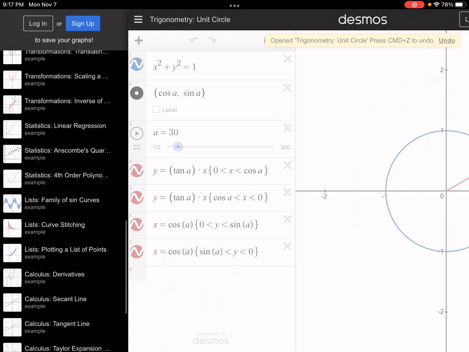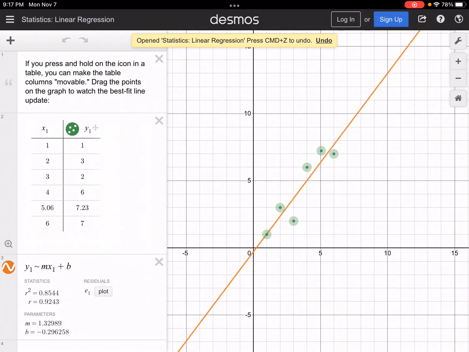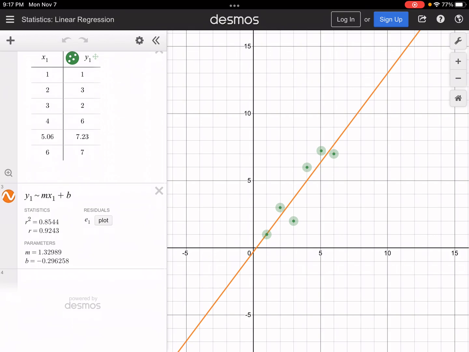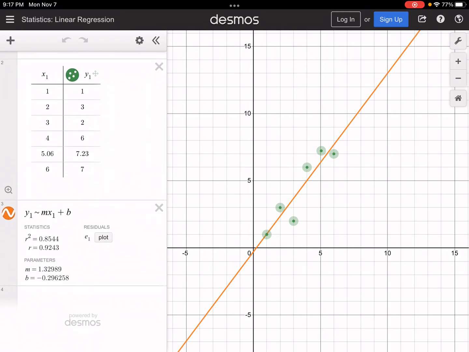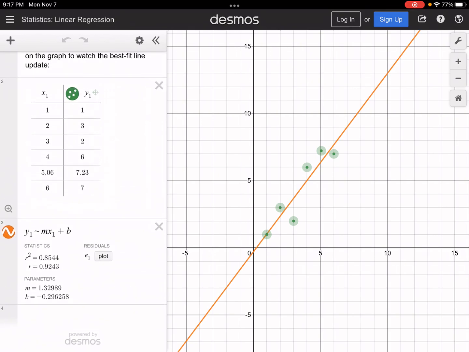Notice for the data that they just randomly put in here, which again you're going to delete, if you scroll down, this box down here with the little orange thing on the left tells me a lot of information that's very important. First of all, you can see down there that it gives you M. M is equal to 1.32989.